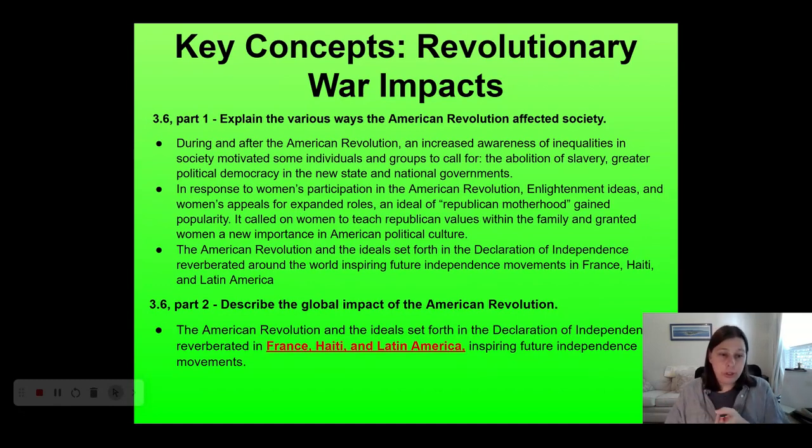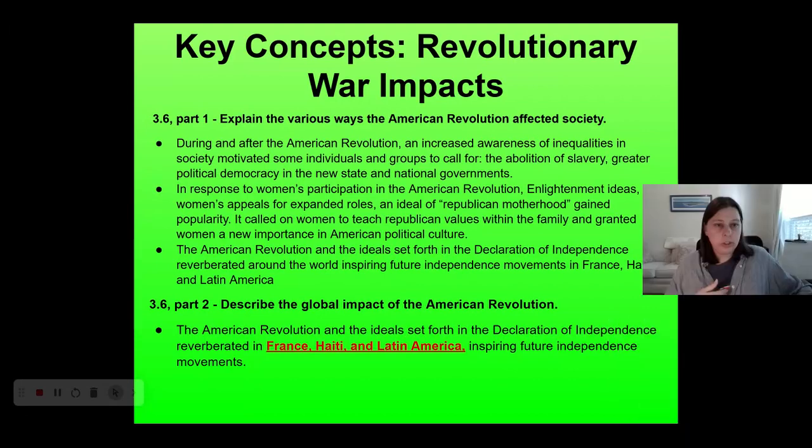The Haitian Revolution, to create an independent Haiti, starts about a year or so later. Then a whole series of revolutions in Latin America against Spanish and Portuguese government kick off in the early 1800s. Mexico becomes independent in 1821, for example. All of those places wind up with governments somewhat patterned after the American government that we are going to talk about building in just a sec. So that's a good thing to know.